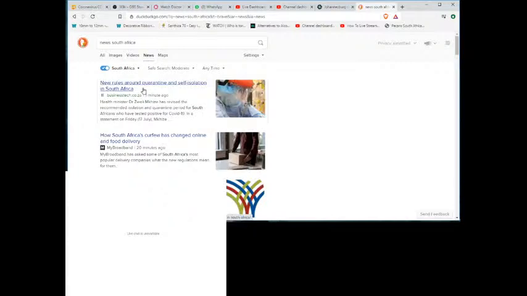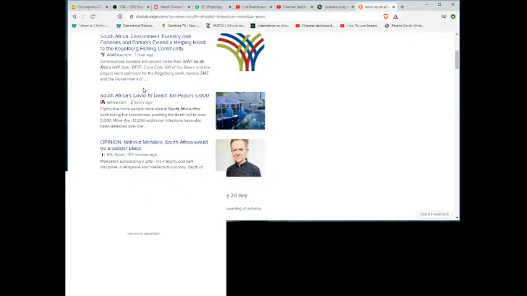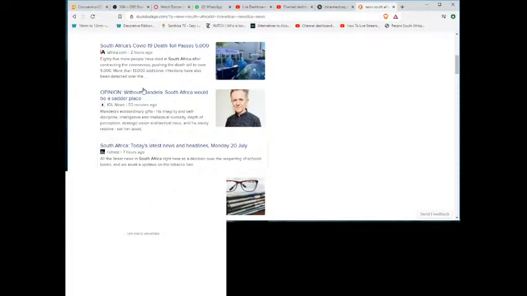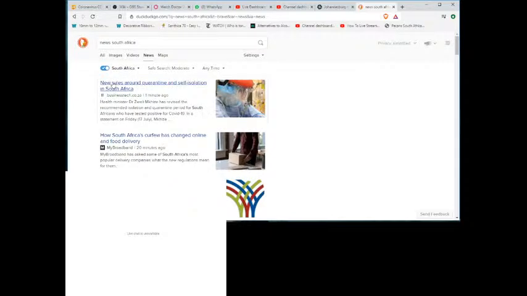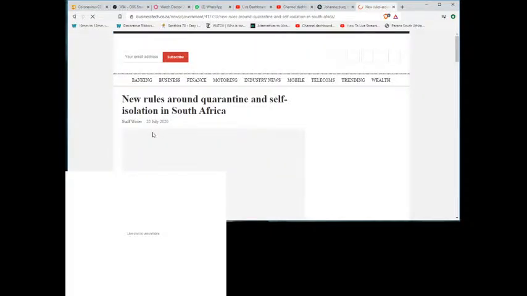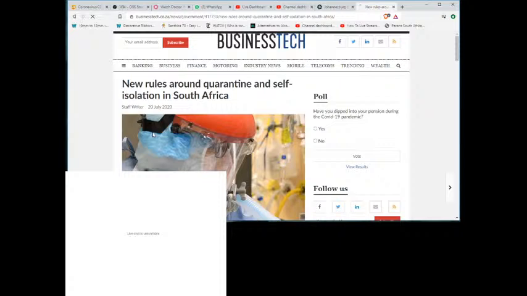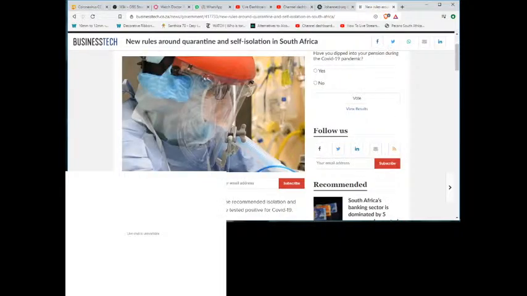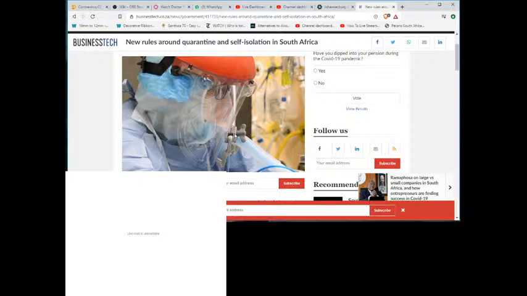Let's see. Actually, Business Tech has got some pretty good articles like that. Let's just look through it and see if we can find it. Okay, this is a beautiful example of a people at work shot. You can see back on the bottom of page 307, people at work.